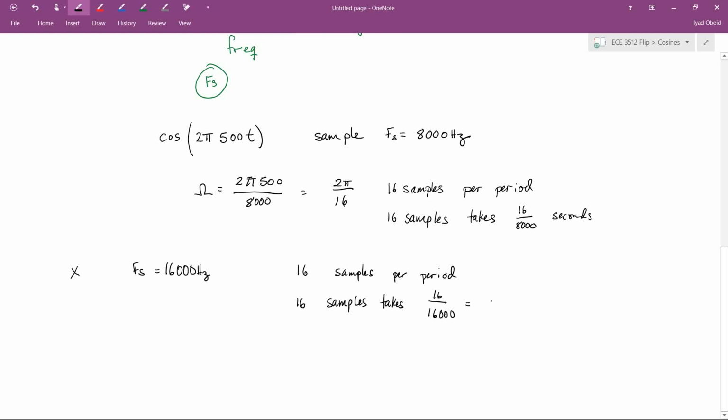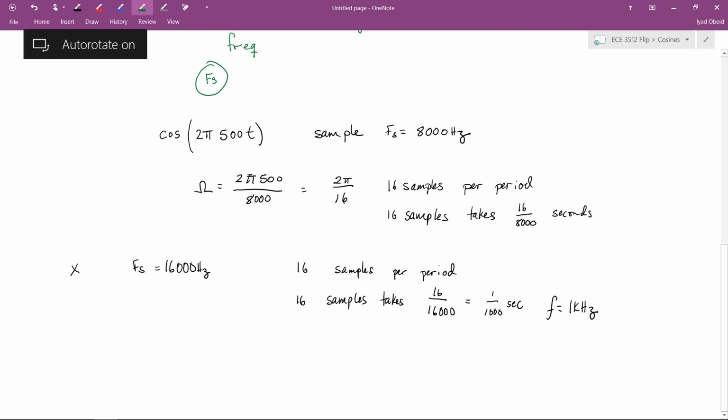So in other words, one period of my signal will now take 1 over 1,000 seconds. And any signal that has a period of 1 over 1,000 seconds has a frequency of 1 kilohertz. Well, now hold on a minute. We started with a 500 hertz signal, but now when I play it back using the wrong sampling frequency, it's going to sound like a 1 kilohertz signal. The frequency is going to appear doubled, even though I didn't change the signal itself.